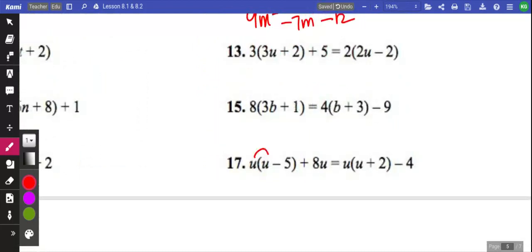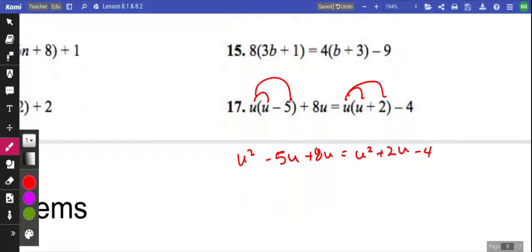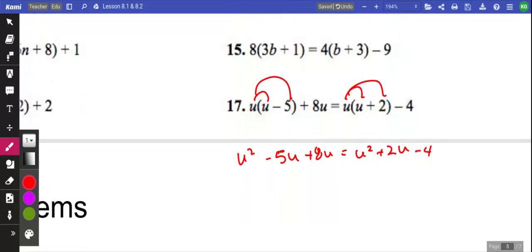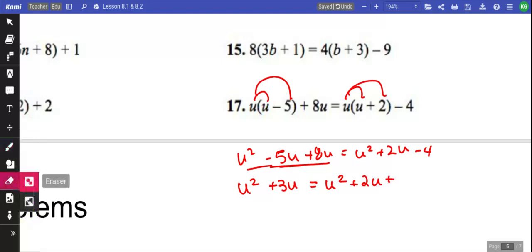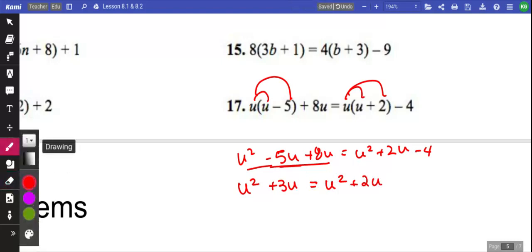Okay, so down here when I distribute, I would get u squared minus 5u plus 8u equals u squared plus 2u minus 4. Combining like terms would give me u squared plus 3u equals u squared plus 2u minus 4.